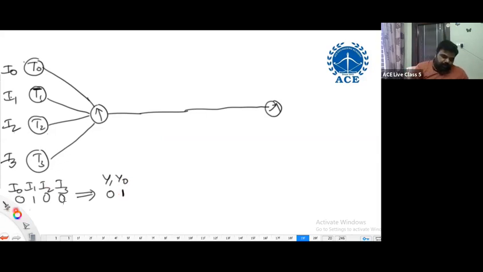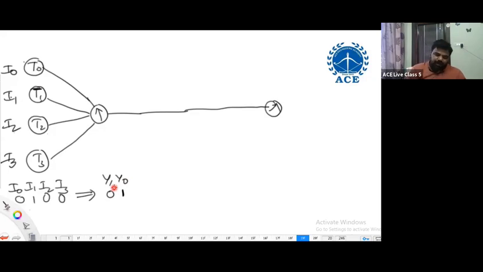So instead of transmitting 4 bits, now I'm conveying the same information using only 2 bits, because there are 4 possibilities, either T0 or T1 or T2 or T3, and 4 possibilities can be differentiated using 2-bit vectors. I'm giving a code for T1, that is 01.